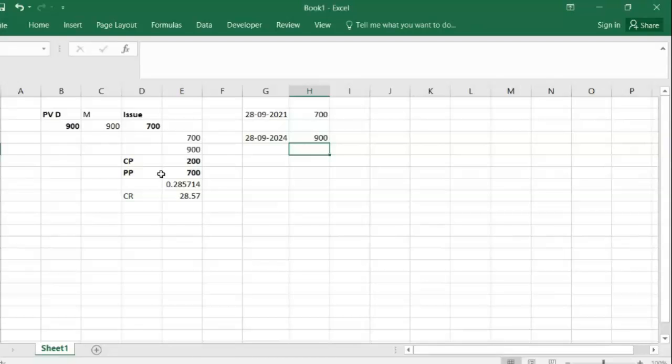So this 28.57% is not for a particular year. It is for the period of 3 years.